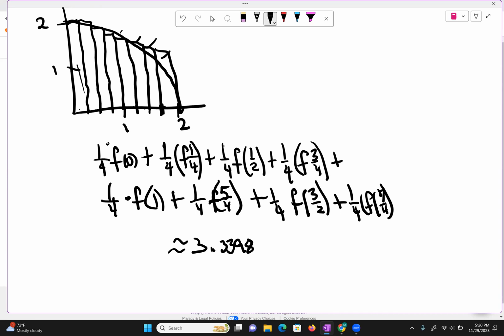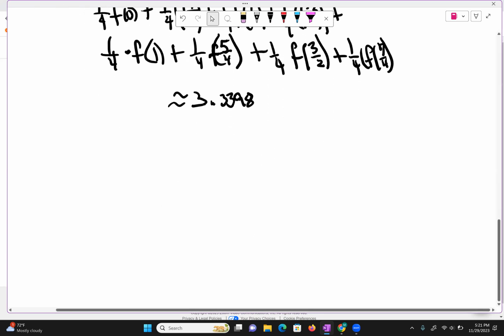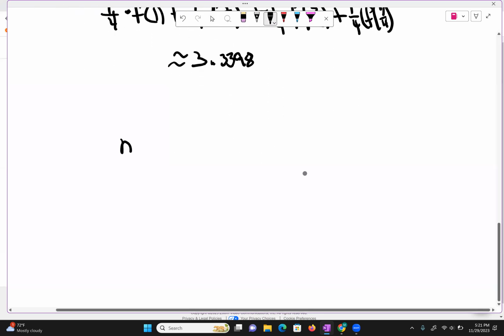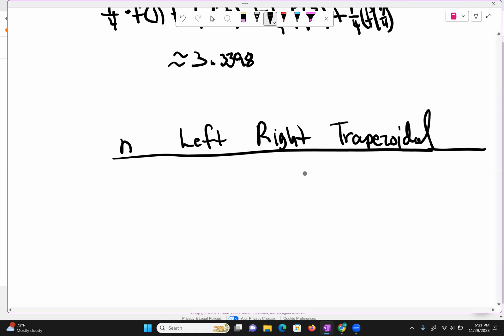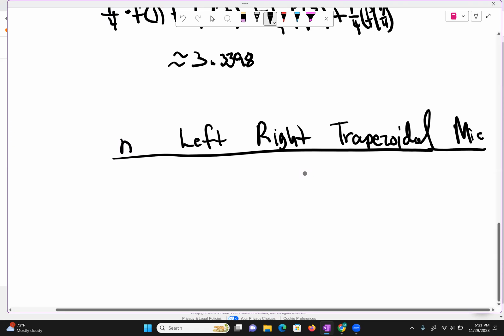So you can see that if you take values of n, as in the sides, and let's do left sum, let's do right sum, trapezoidal, and midpoint. Okay, and the midpoint would be the last one.